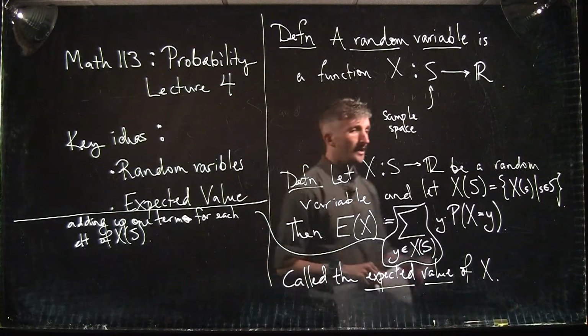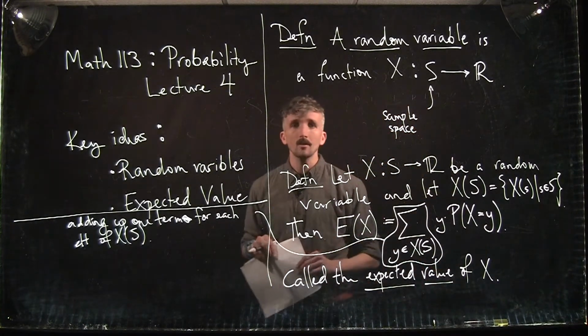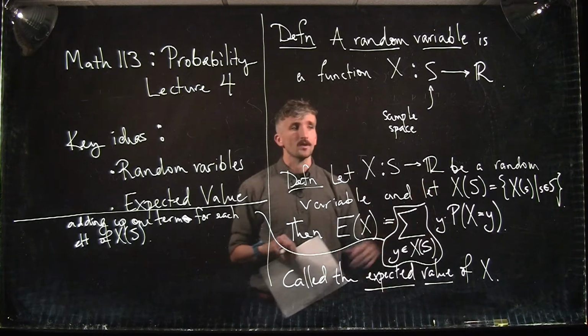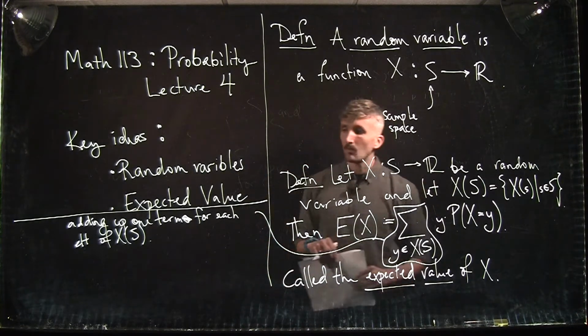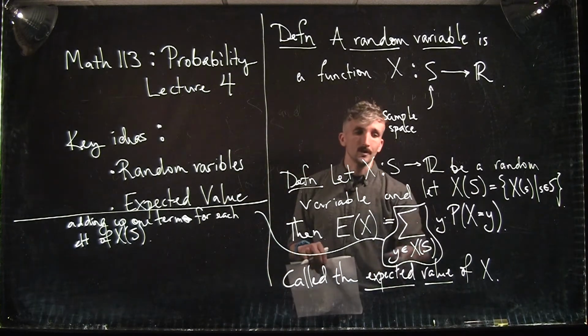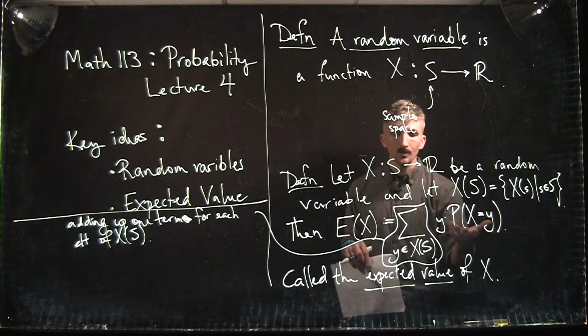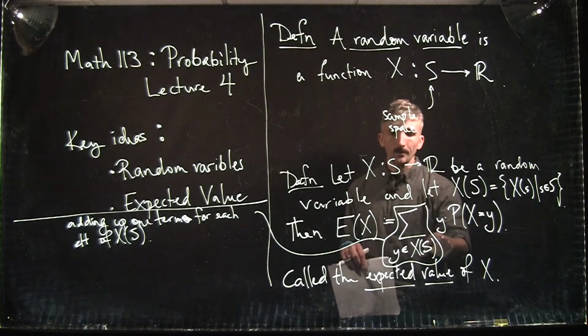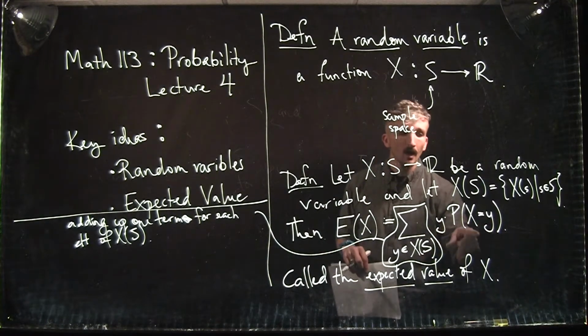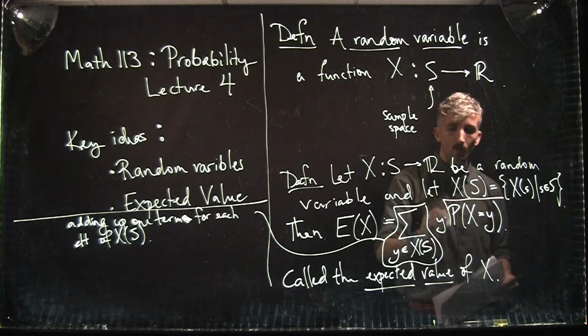Right, so in that video poker example, maybe a straight flush is worth $100 and a royal flush is worth $1,000. Then 100 and 1,000 would be terms that appear in this sum. Associated with each of those terms is going to be that number, y, times this quantity, the probability that X equals y.